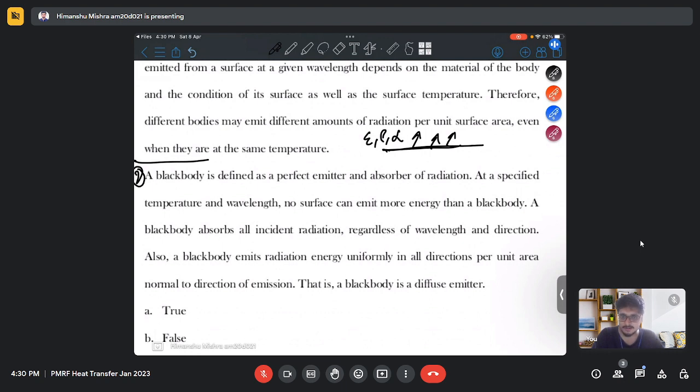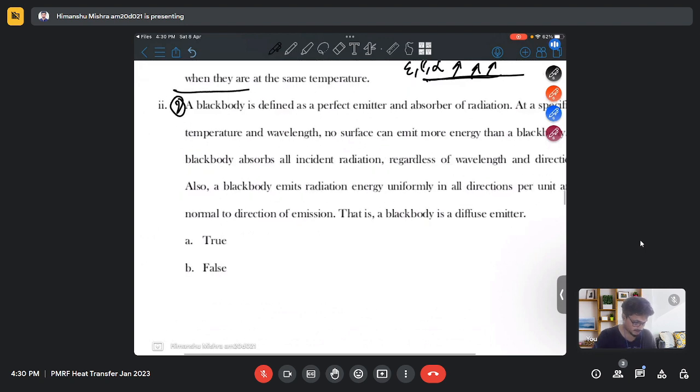Also, a black body emits radiation energy uniformly in all directions per unit area normal to the direction of emission, which means a black body is a diffuse emitter. Is it correct? It is true, sir. A black body can absorb and emit all kinds of radiation, and it's a perfect diffuse body. So both statements are correct, and the correct option is true.